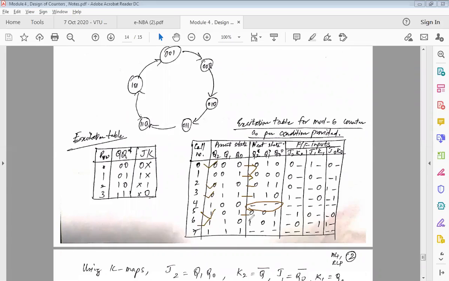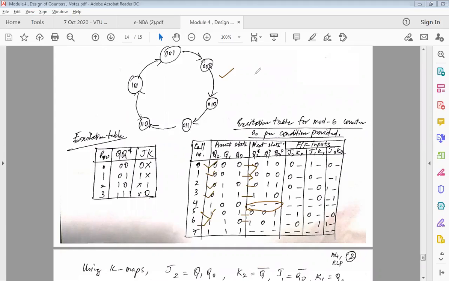Sir, even 001? I put the arrow here, no? So only across those I know what my next state is going to be. Others I don't know. 100 is not here, and 111 is also not in my state diagram. So for those I will give don't care. Any doubts here?